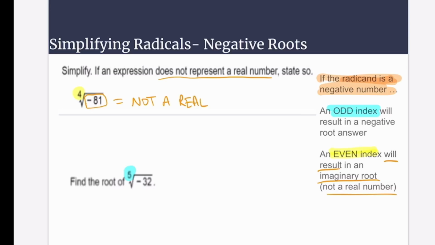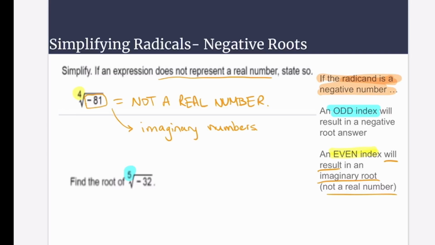Depending on the math class that you're taking, some courses accept this as an answer. You're done, don't worry about it. Other courses, when you get more involved, these lead to imaginary numbers. So depending on what class you're in, it's either not a real number or you have to actually do math to get an imaginary number.